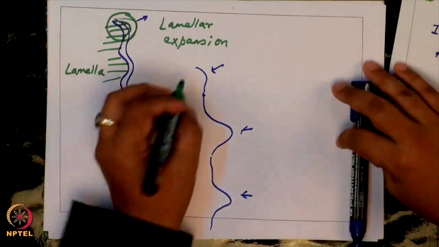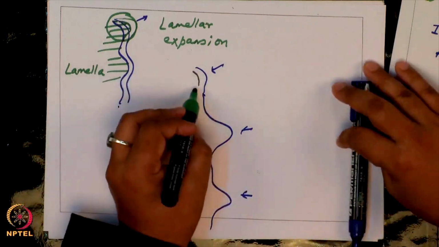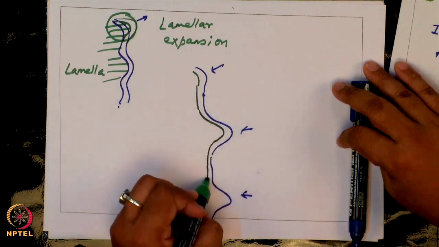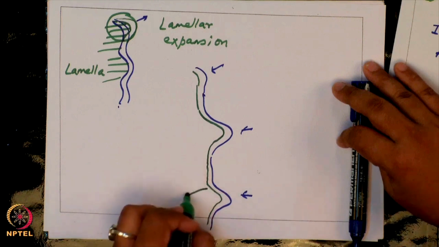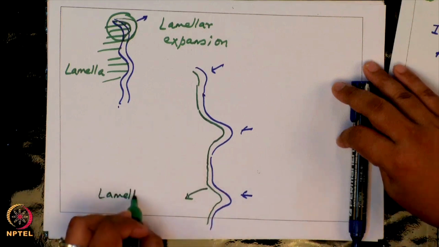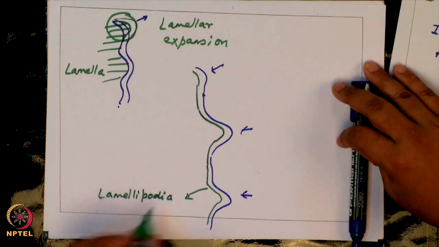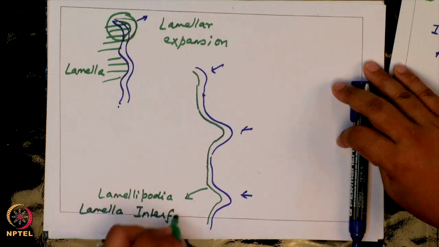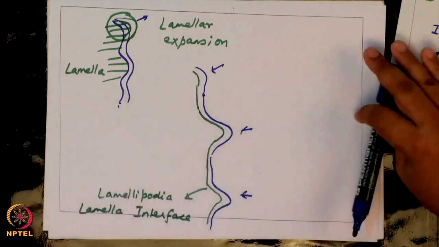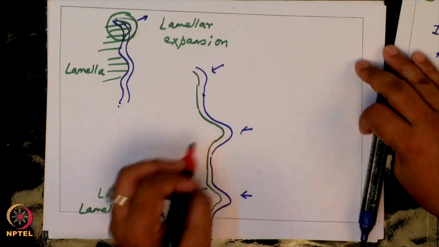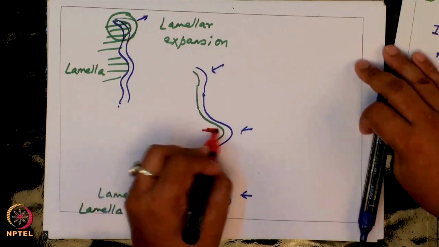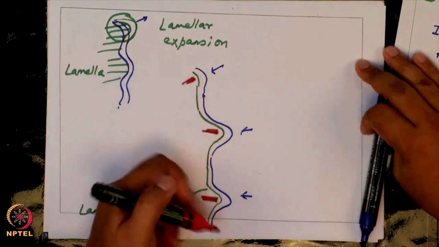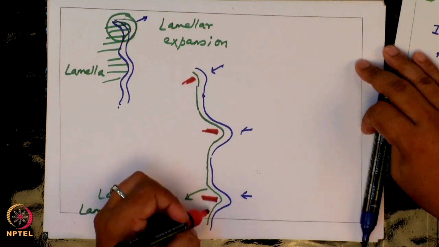Let us say this is the position of the interface. What the authors found was that wherever this protrusion was stabilized, focal adhesions were formed right behind the protrusion in the lamellar region.